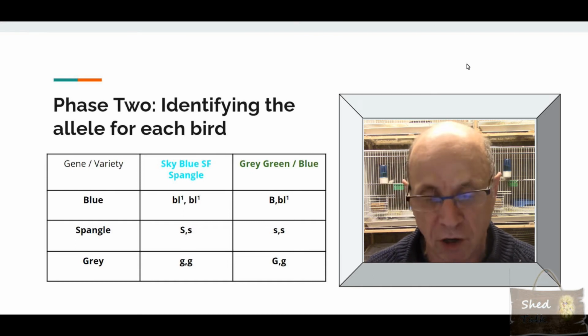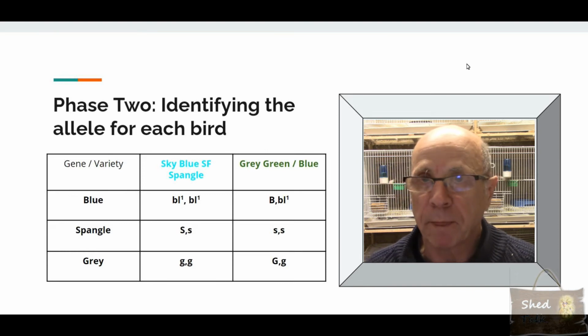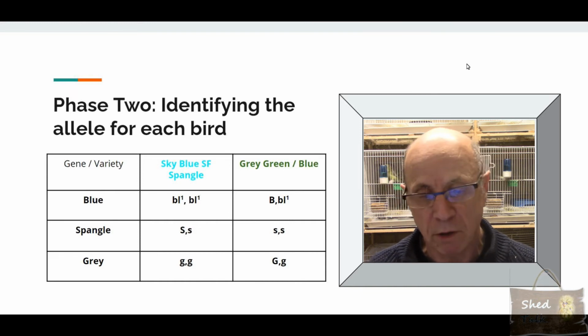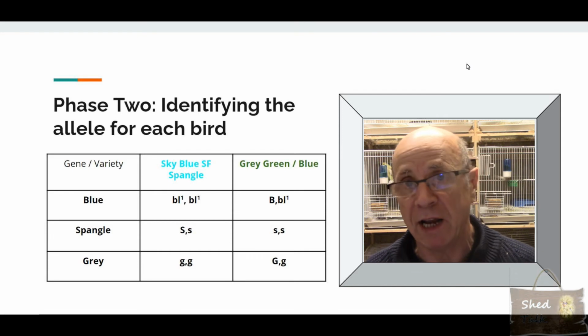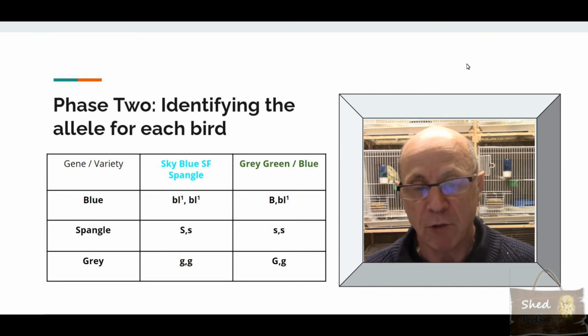And we went through this earlier, so you can see that the sky blue single factor spangle contains two of the mutated blue allele, one mutated spangle allele, and no mutated, so both wild type, allele for the grey gene. Then we look at the grey-green bird that's split for blue.